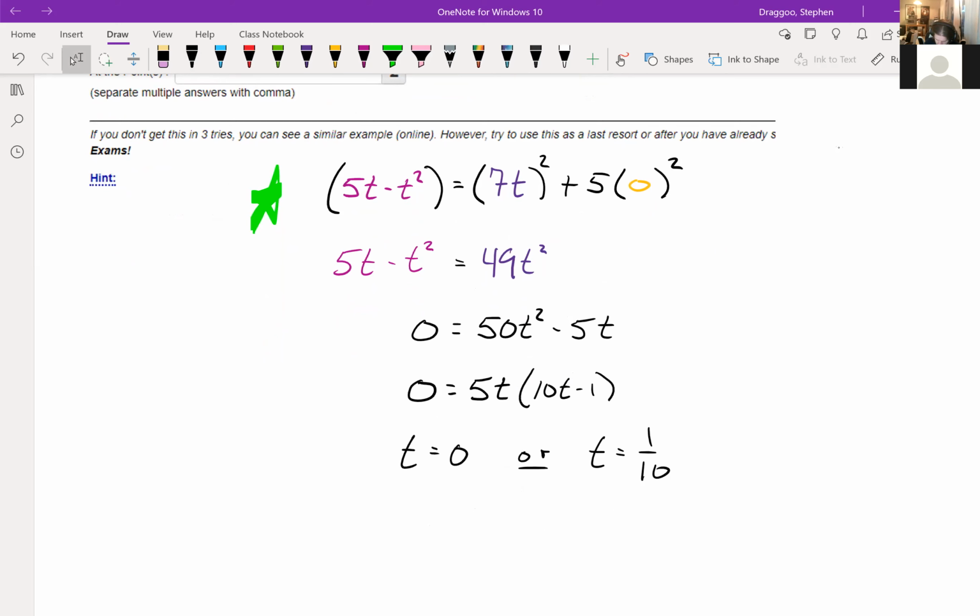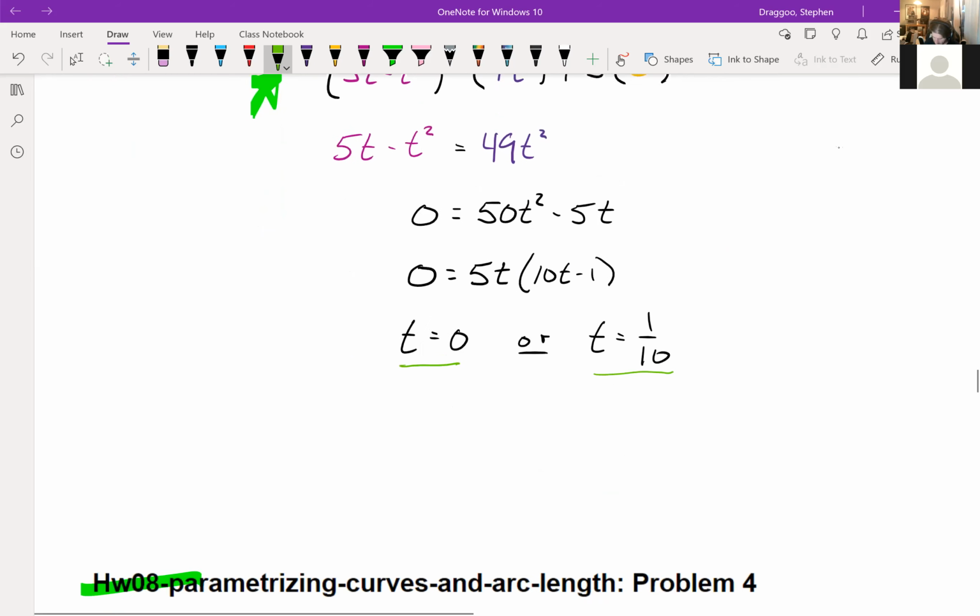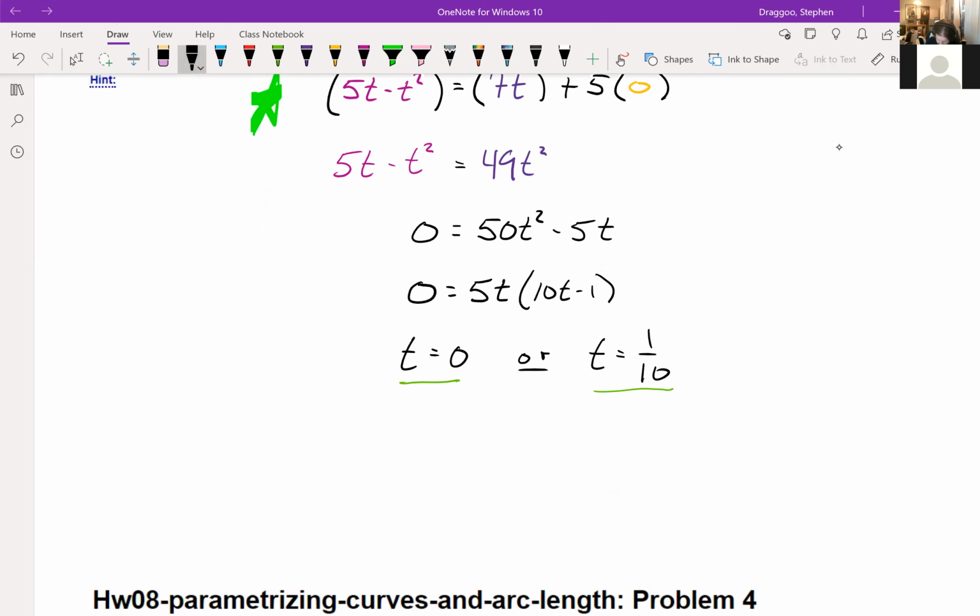Highlight those in green. My goal was to find where the curve intersected the paraboloid, which means I'm looking for points. I now have the t values that can tell me what those points are, so I want to find r of 0 and r of 1/10. For r of 0, 7t was our x value.